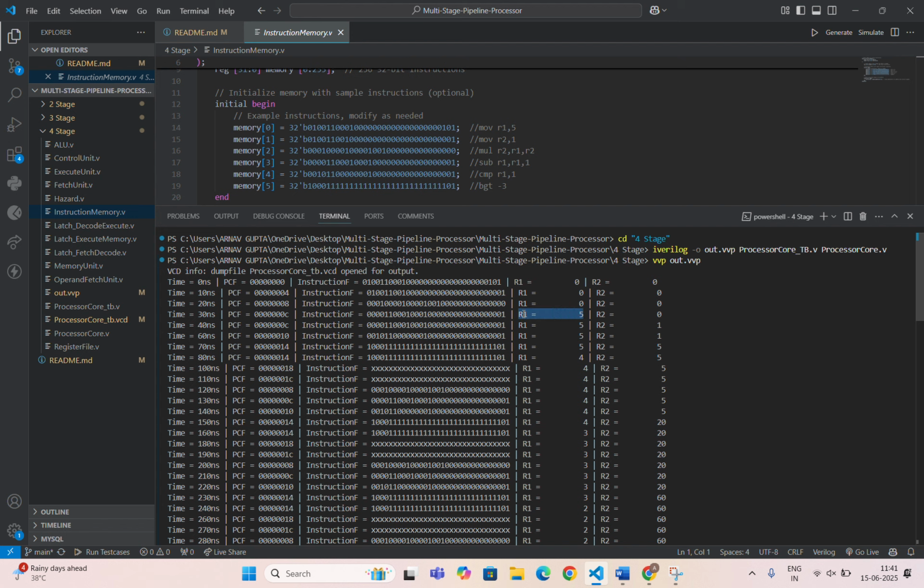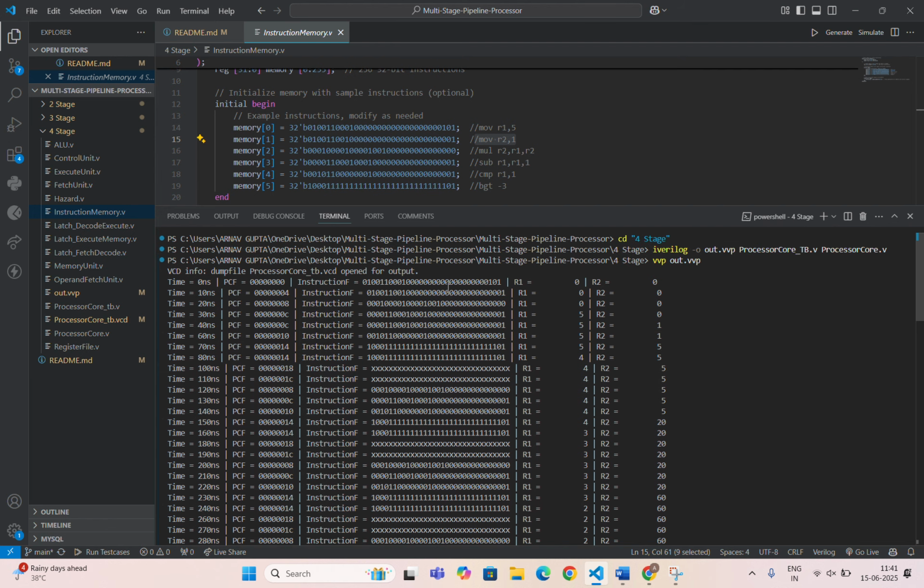By this time, at every subsequent interval, the next instructions are getting fetched. At t equals 40 nanoseconds, the next instruction should show its result, and as you can see, R2 is getting the value 1. So this is how a 4-stage pipeline processor works.